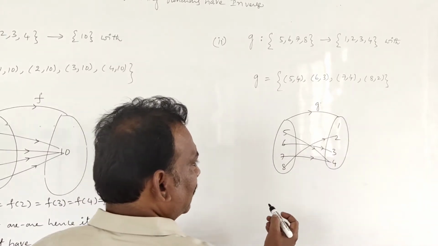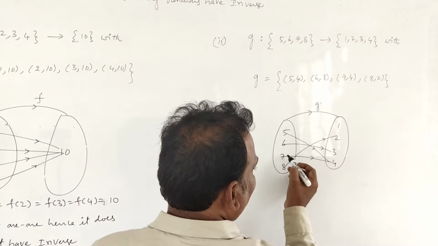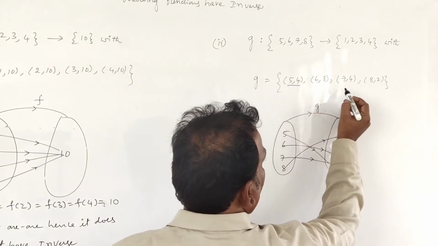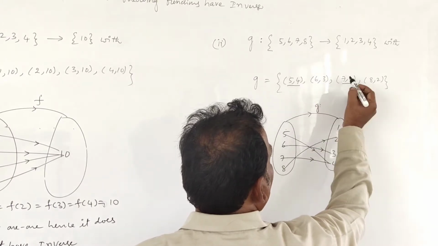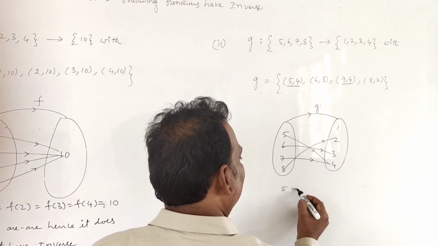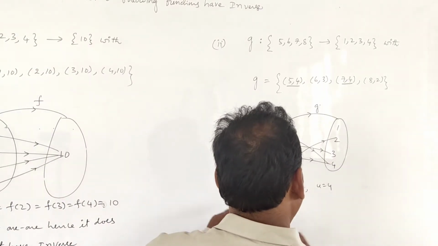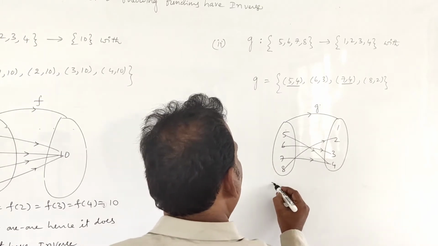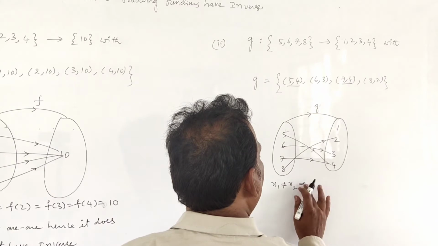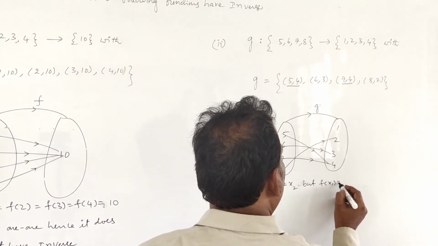Now you can see the different elements, what are those? 5 as well as 7. See here, 5, 4, 7, 4. 5 and 7 are different inputs, that means 5 is not equal to 7, whereas 4 is equal to 4. That means, you remember, x1 is not equal to x2, but f of x1 is equal to f of x2.